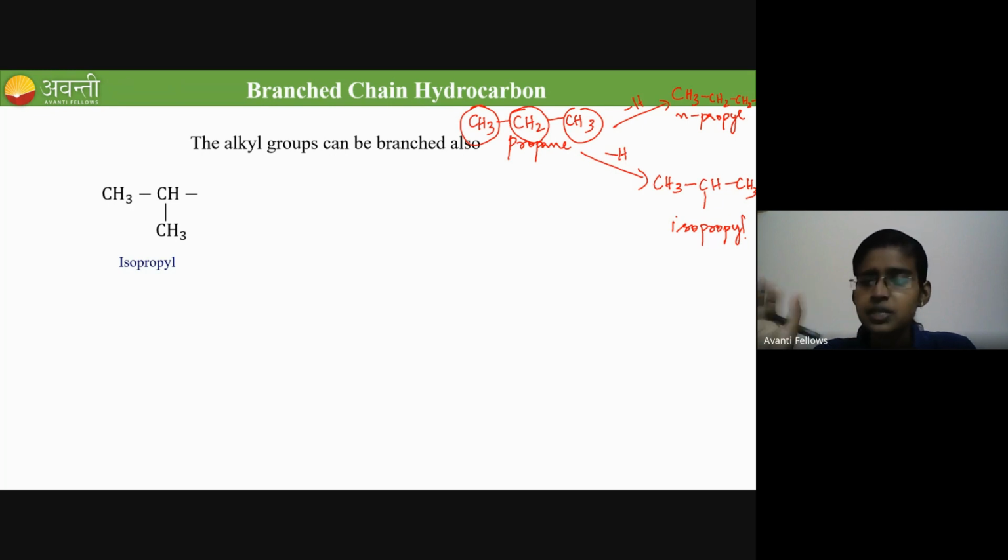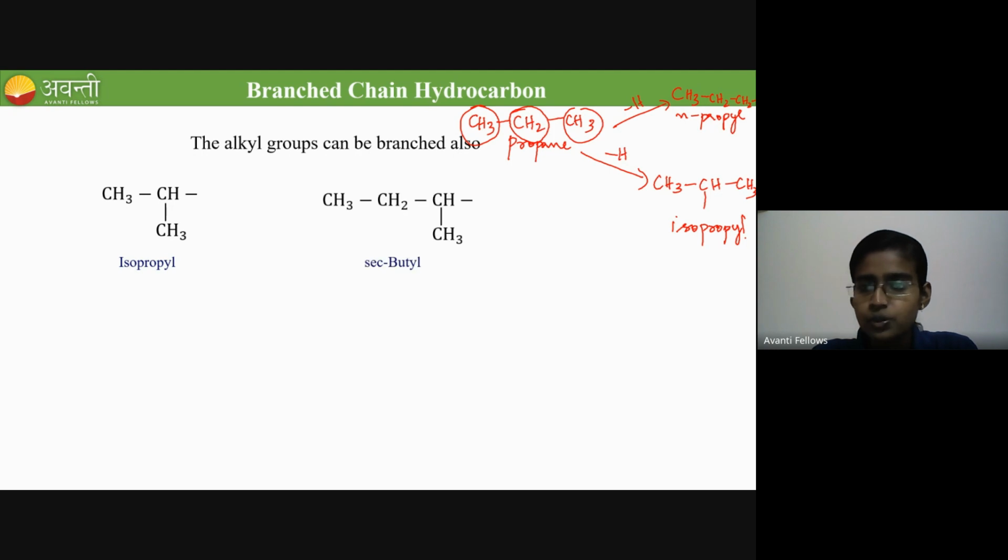The concept is that the number of different types of hydrogen produces the different types of alkyl groups. In the case of methane and ethane, we had only one type of hydrogen, so only one alkyl group is produced. Here, since 2 types of hydrogens are there, it forms 2 different types of alkyl groups.